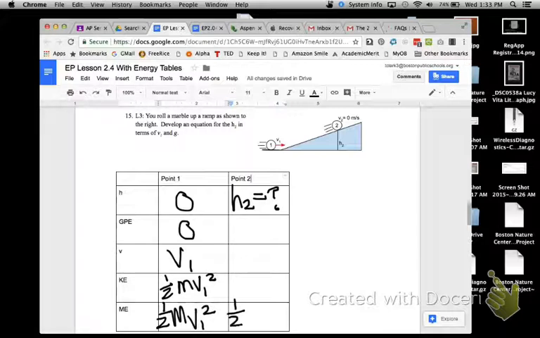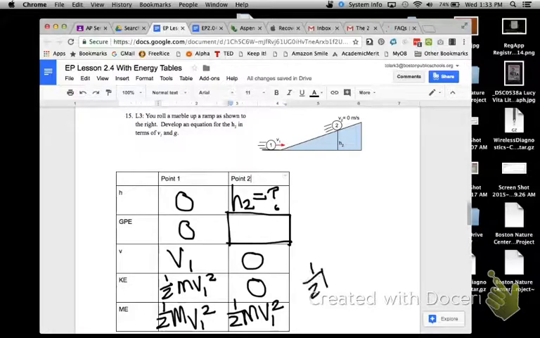We put that everywhere on the bottom row of our table. Our velocity at point 2 is 0, so this is 0. So what goes in this GPE box is whatever it needs to be to make our total energy still equal to 1/2 mv1 squared. So that would be 1/2 mv1 squared minus 0.